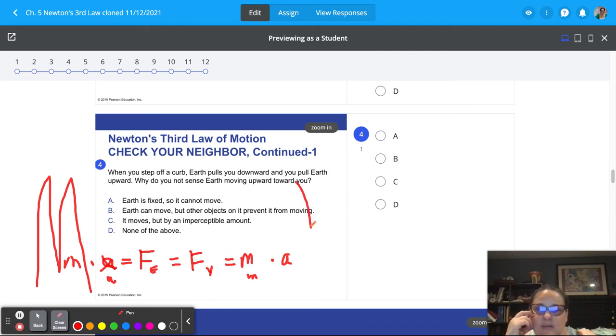Your acceleration is going to be large because your mass is so tiny. We still have to have the numbers add up to equal the same thing. So very large mass, Earth, means very small acceleration, and very small mass, you, comparatively means very large acceleration. As a result, you only see yourself moving. So C would be the most correct answer, because theoretically that is what's happening.